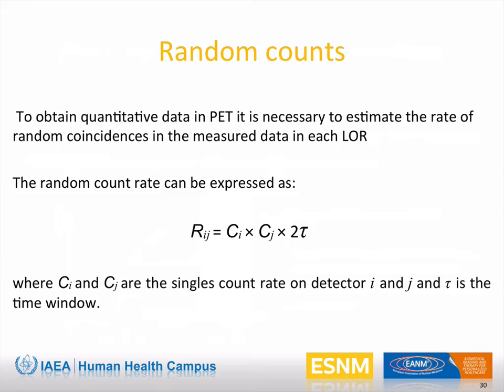The random count rate can be expressed as Rij equal to Ci multiplied by Cj multiplied by 2 tau, where Ci and Cj are the singles count rate on detector I and J, respectively, and tau is the coincidence time window. Hence, Rij is proportional to the square of the activity in the field of view. It is clear that a narrow time window is then necessary to reduce random counts.